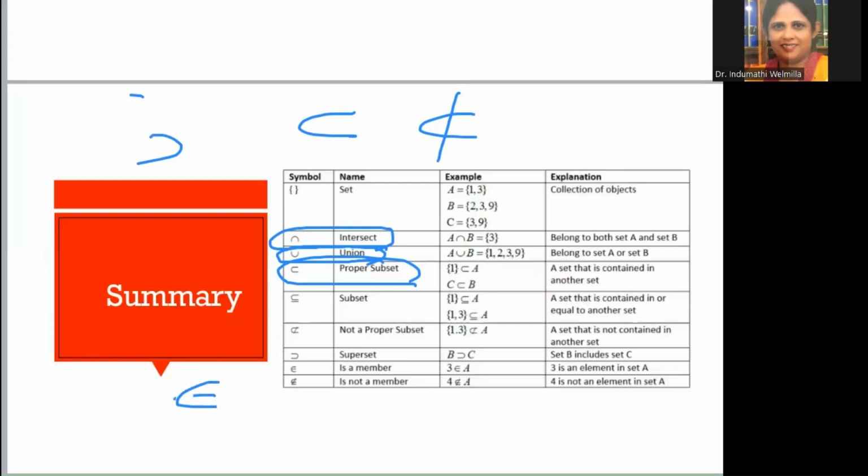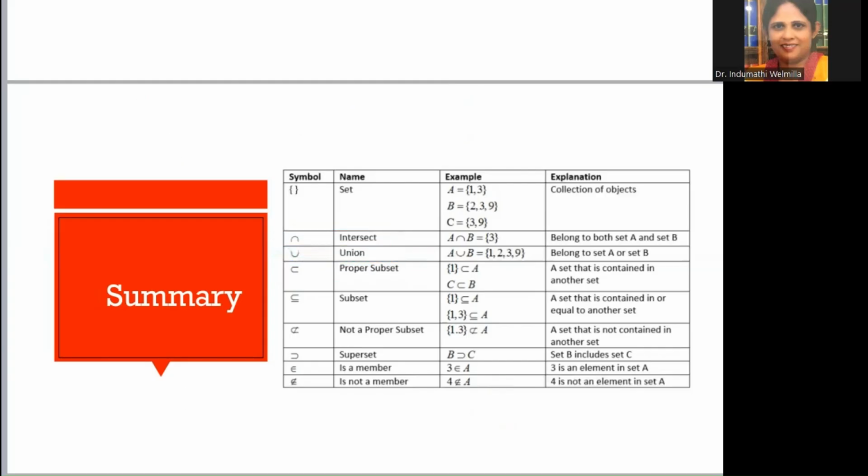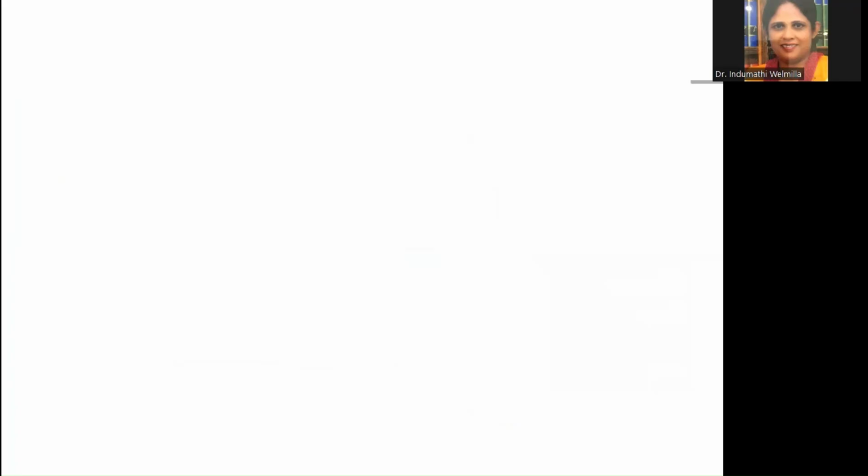This notation we use to show it is a member or element of the set. And when we use this one, it is not a member. It represents that one number is not an element of the given set.